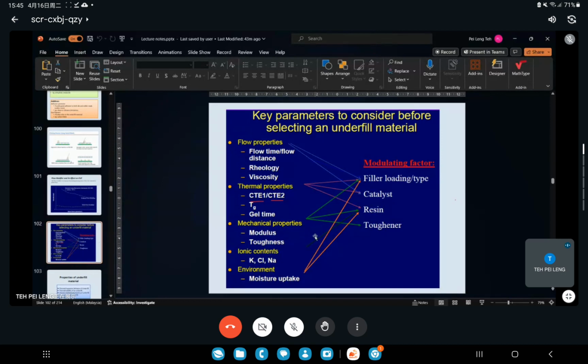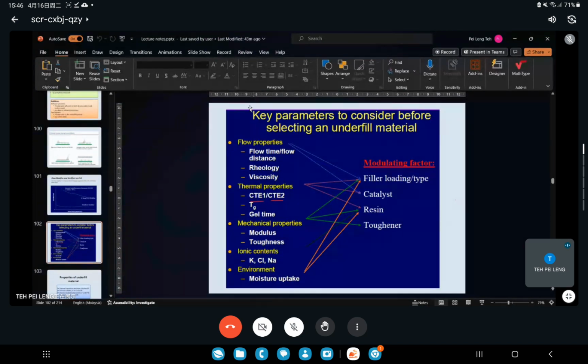What is influencing your thermal conductivity or your heat dissipation? That one is also important. So you need to see the questions. If the question is 5 marks, at least you need to discuss 5 things, comparing supplier 1 and supplier 2.